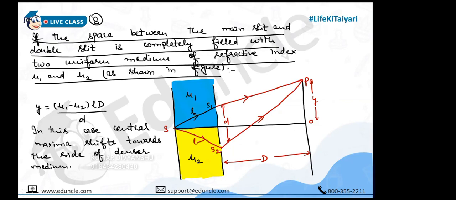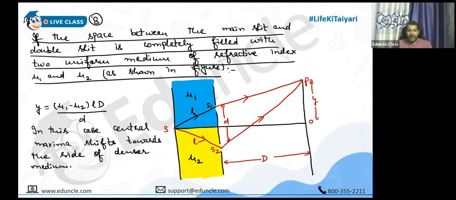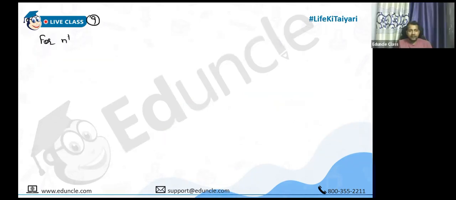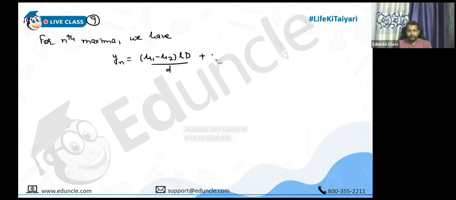So then what will be the total y for you? Earlier also we have written the position of nth maxima. So what do we have for nth maxima then? This is for the central maxima. It means we need to add this quantity into the formula for the position of nth maxima, lambda D by d. Yes, sir. So for nth maxima, we have, okay.